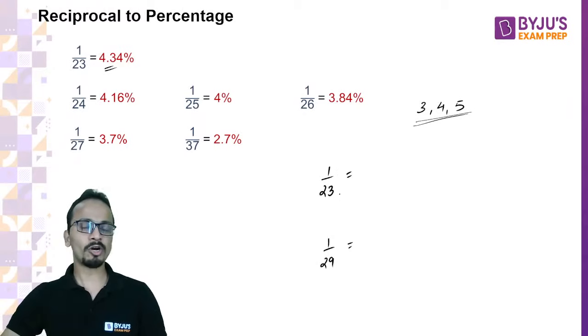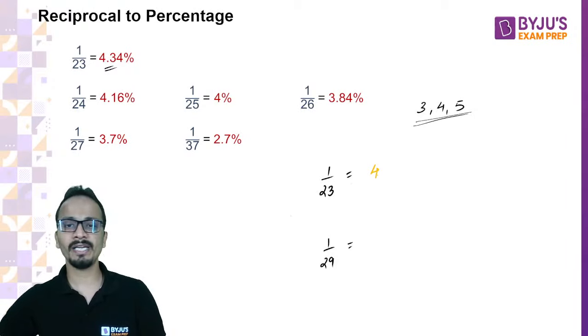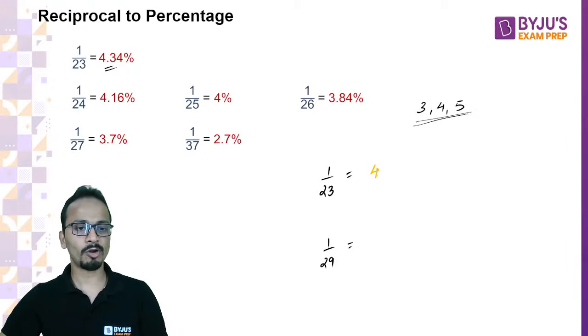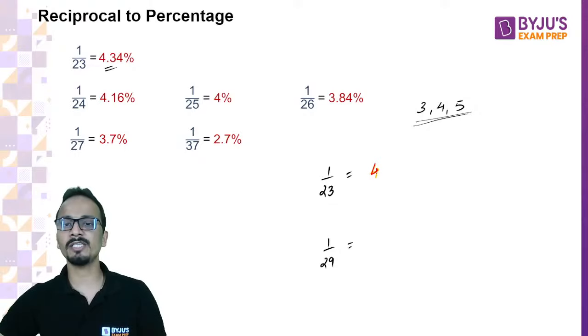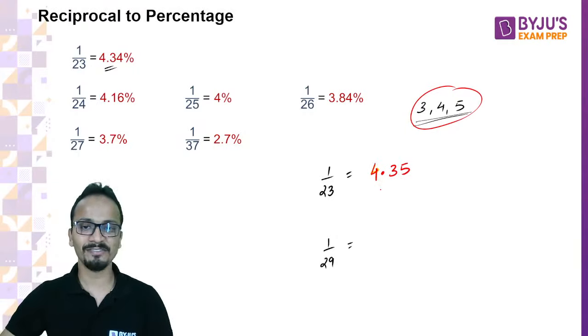Now the approximate value of 1 by 23 is 4 point something. Out of these numbers, if I remove 4, I'll be left with 3 and 5. So 1 by 23 is 4.35.